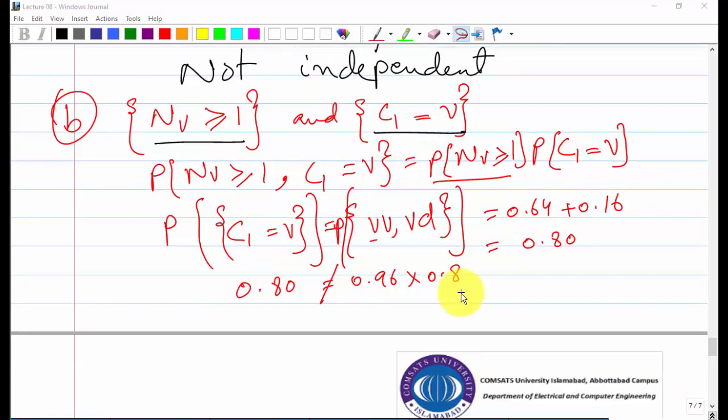So obviously not independent. So we can say that these two events are not independent.